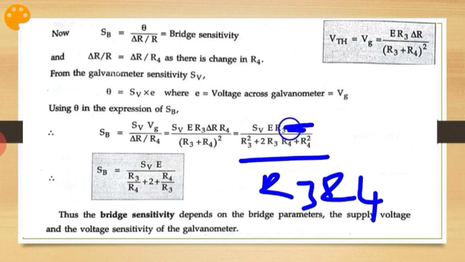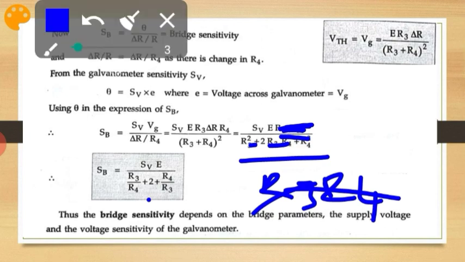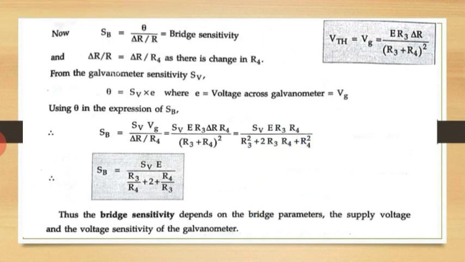So it is nothing but SV into E divided by this R3 square. This R3 and one square goes, so one R3 remains and R4. Similarly, R3 R4 in this case both go, only two remain. Finally, in this R4 square, one R4 goes, one R4 gets cancelled, and one remains.